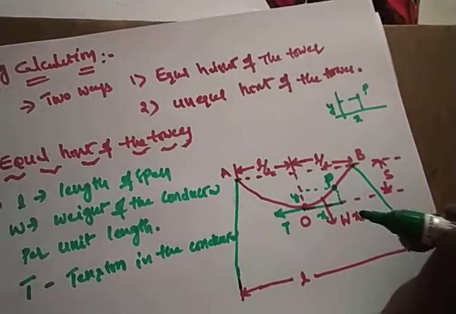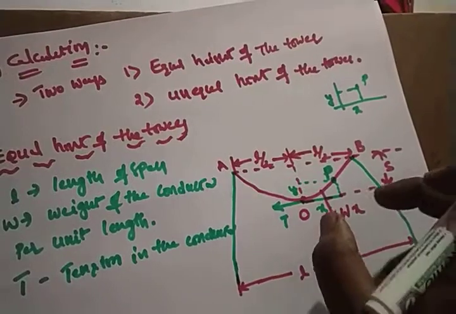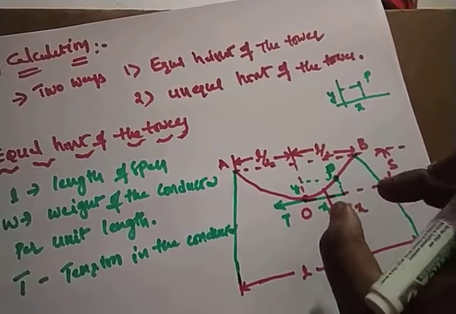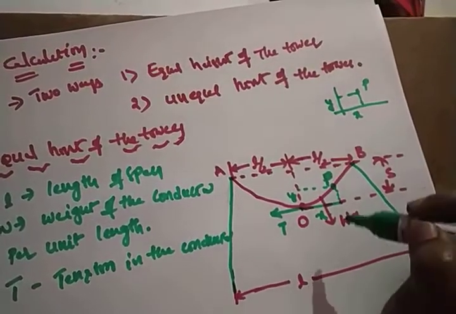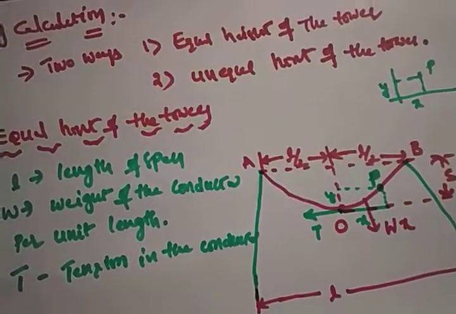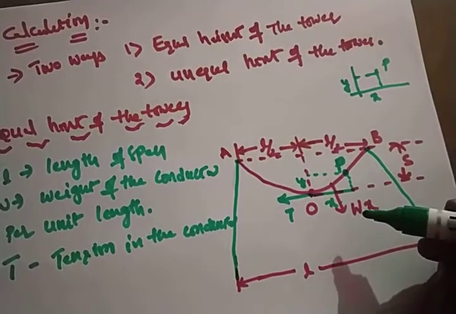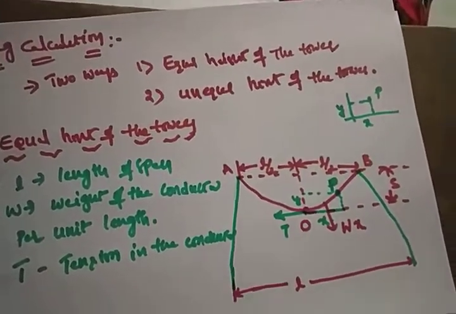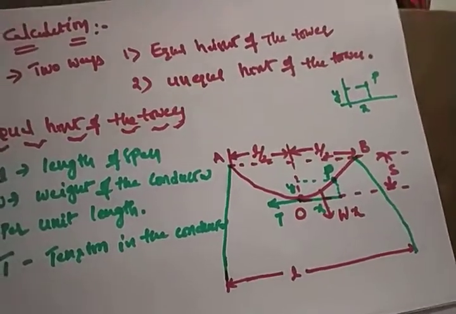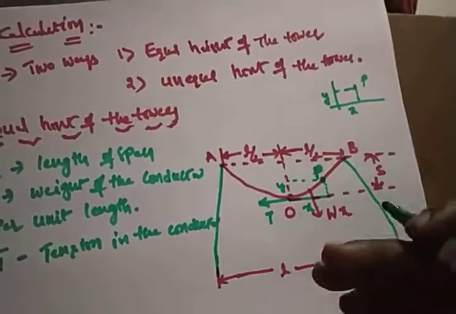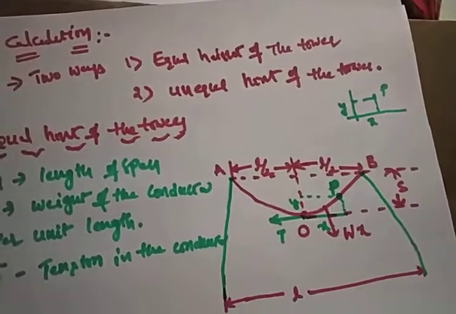After that, at the point P you already took on that curve, you also have a force value, and that force value will be Wx. You know that at any point the torque will be equal. Sag is nothing but some movement, so a torque will be present in the system.